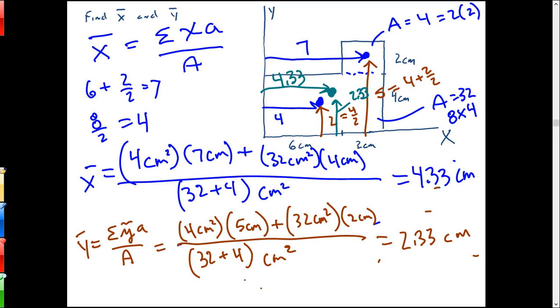And if we assume that's a plate of uniform density, if we measure those distances on the plate and then we tip the plate over and put it on a point, it'll balance at that point. So that's the centroid of the plate. Okay? And that's the idea.